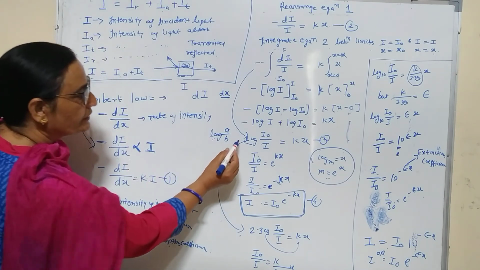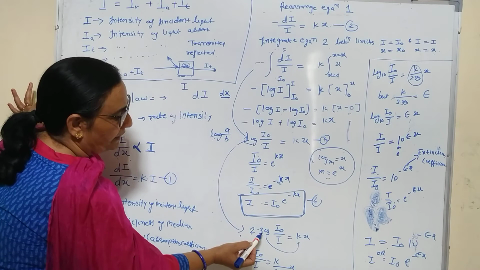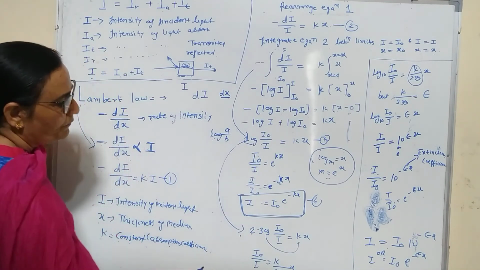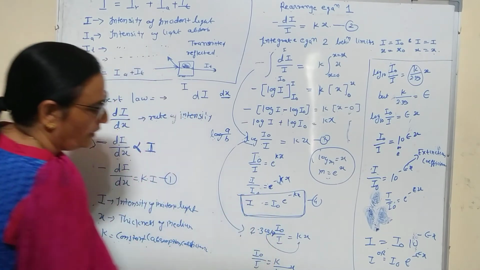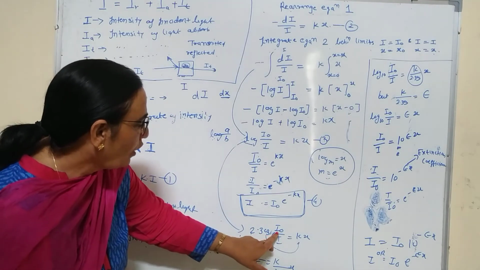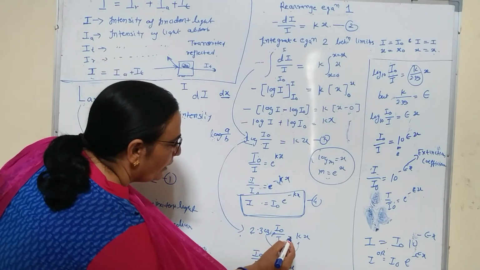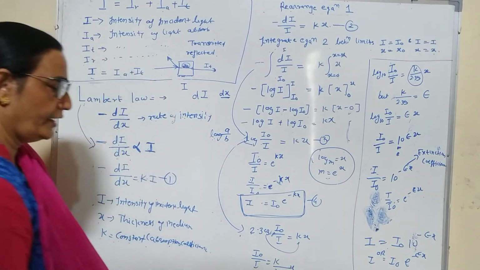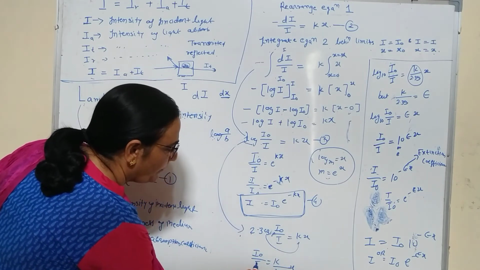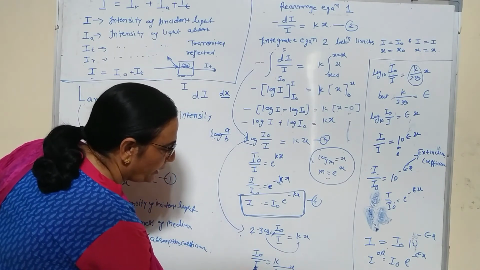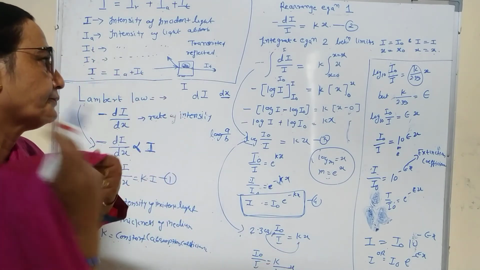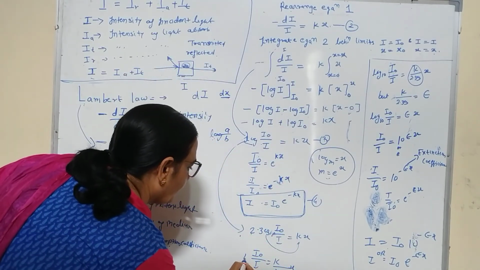Now equation 3 को हम इस तरह भी लिख सकते हैं, log to the base e को हमने log to the base 10 में कन्वर्ट करेंगे. सो नाउ ये इक्वेशन लिखी जा सकती है 2.303 log of I0 अपॉन I इज इक्वल टू kx. अभी 2.303 को मैं इधर लेके आऊंगी, log of I0 अपॉन I इज इक्वल टू k अपॉन 2.303x. मैं लॉग भूल गई यहाँ लिखना.